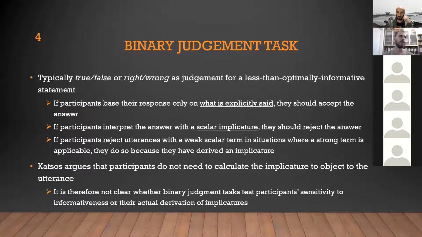Therefore, they were talking more about children, because children, as I mentioned before, mostly are not able to detect that he could have said that, but they can still negate the stronger implicature. So it is therefore not clear whether binary judgment tasks test participant sensitivity to informativeness, so if they're sensitive that there is something more, or their actual derivation of implicatures.